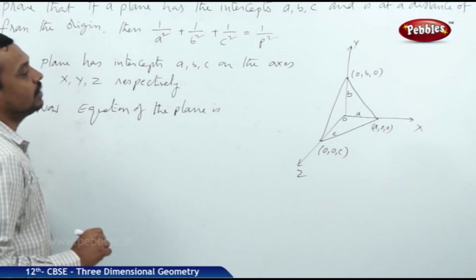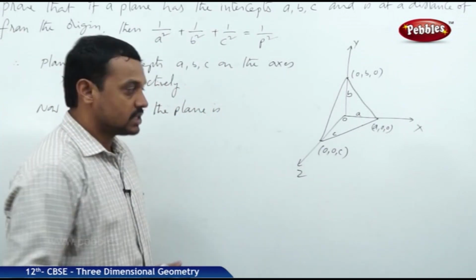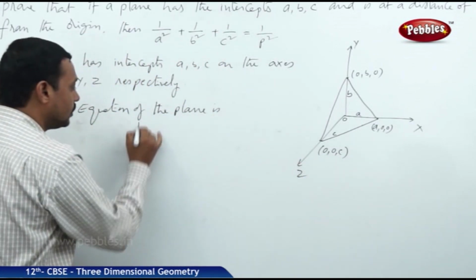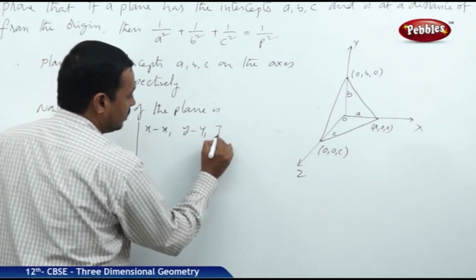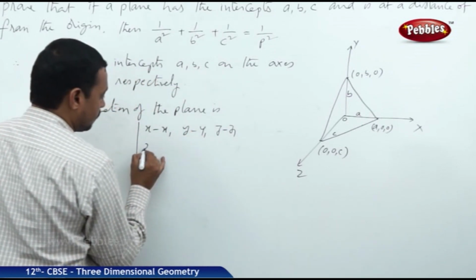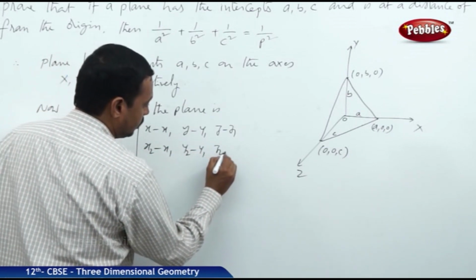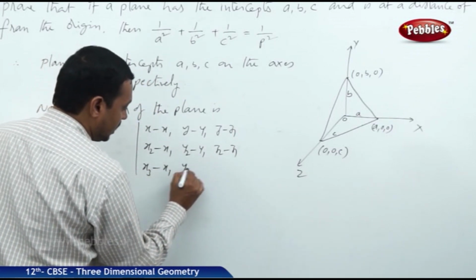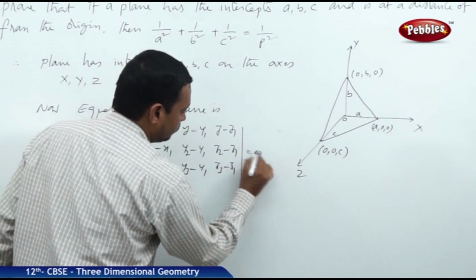Can we determine the equation of the plane when it passes through 3 points? Yes, we have the determinant of x minus x1, y minus y1, z minus z1; x2 minus x1, y2 minus y1, z2 minus z1; x3 minus x1, y3 minus y1, z3 minus z1 is equal to 0.